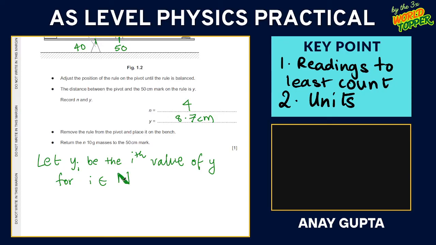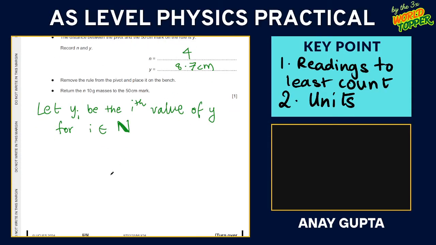Now this statement is a little complicated, but if you write this statement, rest assured the examiner will be blown away by your mathematical and scientific fluency. What this basically says is that we are repeating the experiment multiple times and then we will average the value of y. So let's say that when I first did this experiment, I found y1 as 8.8 centimeters.